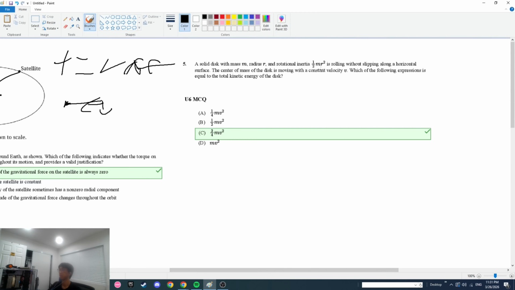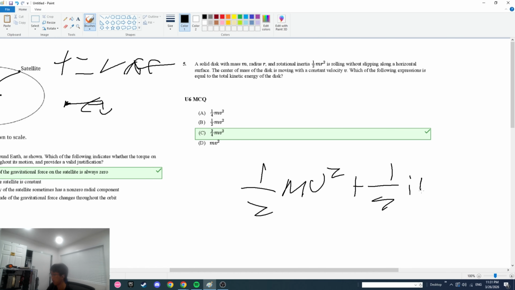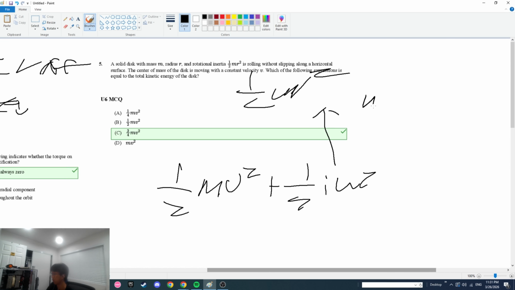So as for which of the following expressions is equal to the kinetic energy of the disk, we know that it is rolling without slipping, so we get 1/2 mv squared plus the rotating 1/2 I omega squared. We know that the inertia of the cylinder is 1/2 mr squared, and omega we could just write as omega equals v over r.